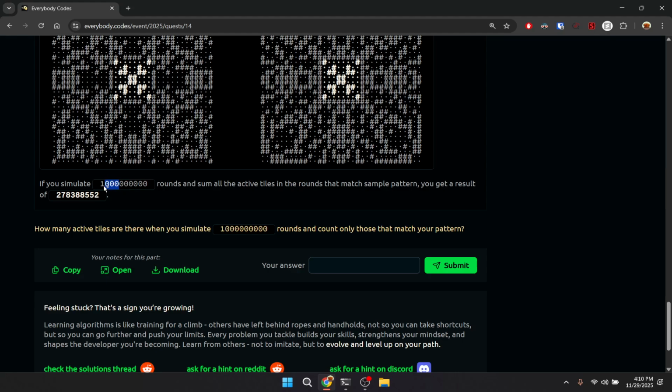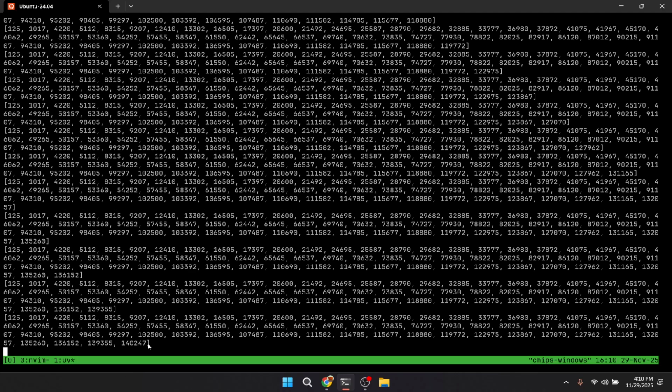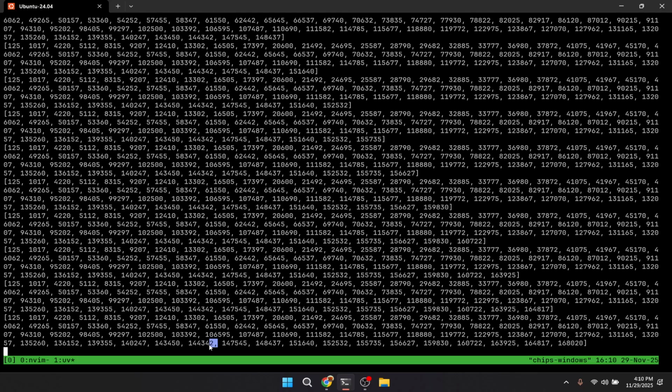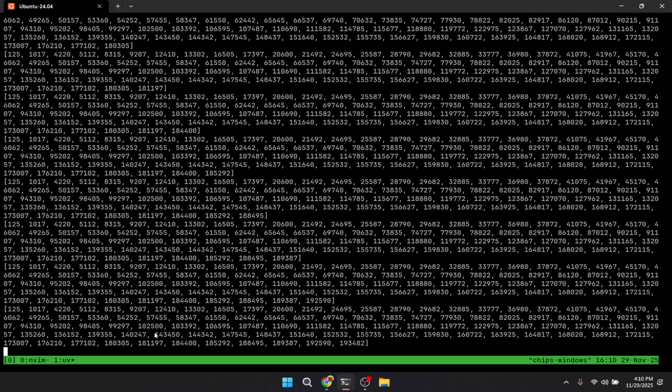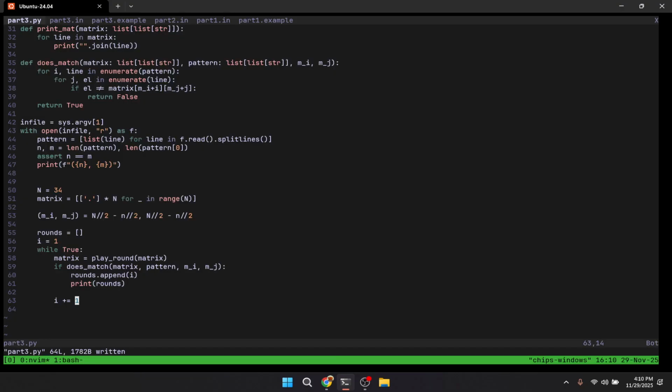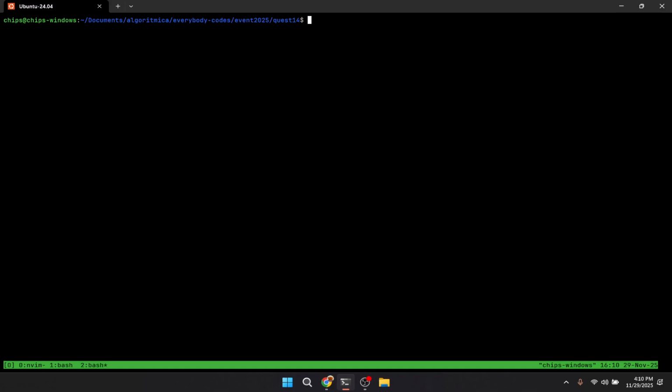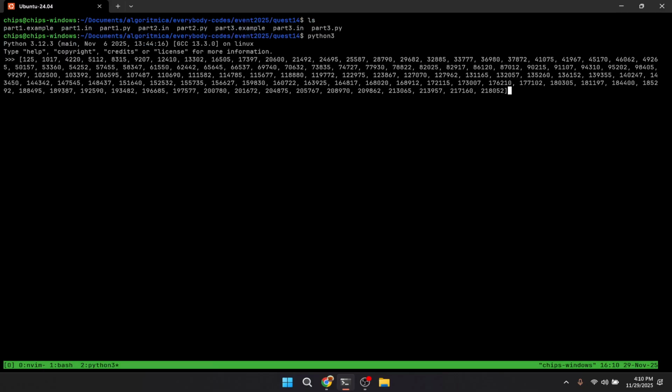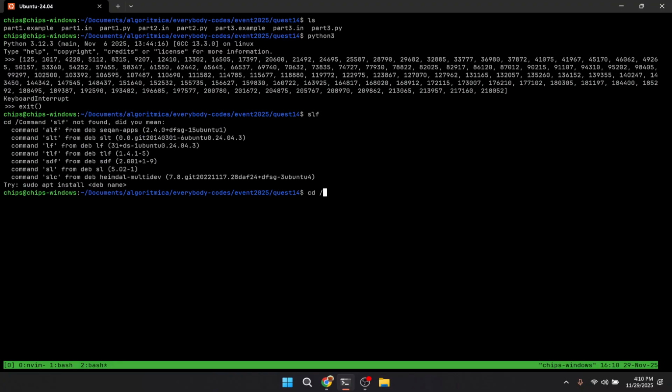It's 1 billion rounds. And we're moving way too slow to get to 1 billion rounds. So what I'm thinking is that we take this and look at, for example, differences, or try to investigate some pattern. We should probably use logic to do that.